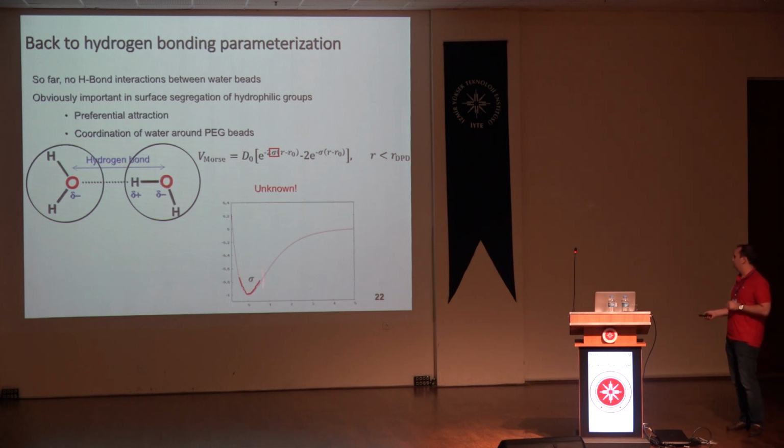Physically, it means the force constant of the stretching, and we are thinking about estimating it by computing the spectral vibrational frequency of the water center of mass, but we are still working on that.